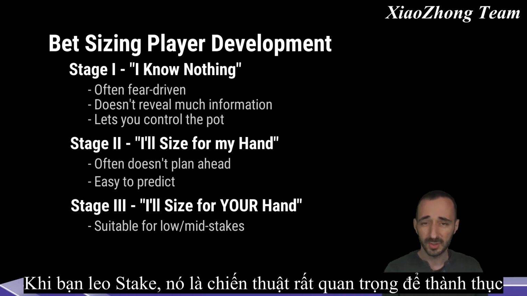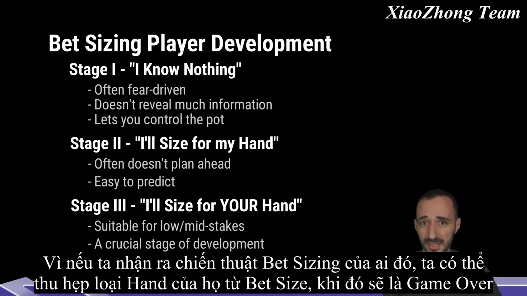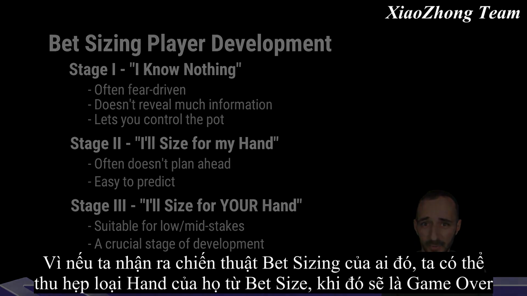It's a very important strategy to have and master, but also obviously to recognize when other people happen to use this against you, because as we're going to see, if we recognize someone's bet sizing strategy, we can often deduce their hand type from the bet size, and then it's game over.